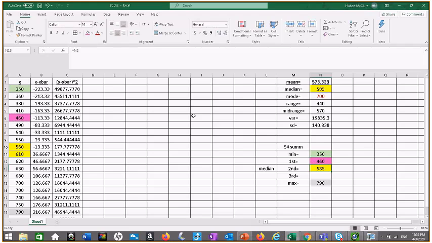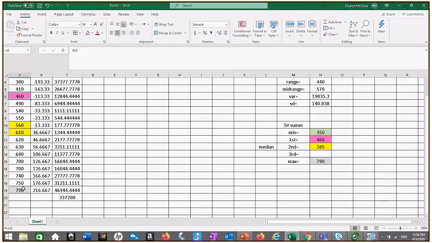So that middle number, the 585, is right there where my cursor is. So I've got 1, 2, 3, 4, 5, 6, 7, 8, 9. 9 is odd, so you just pick the middle number. And that's what I did. So there's 9 on the bottom down here. So I just 1, 2, 3, 4.